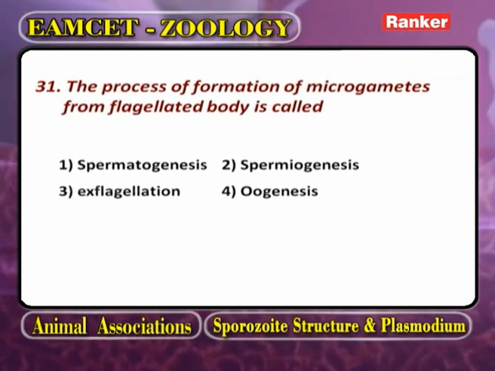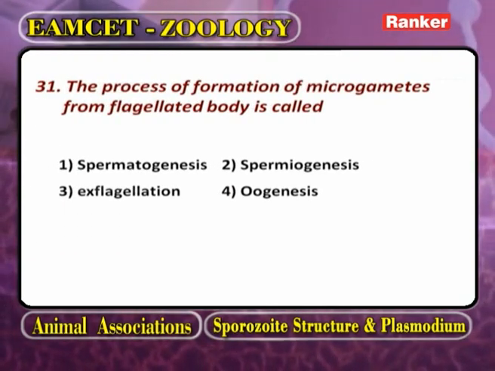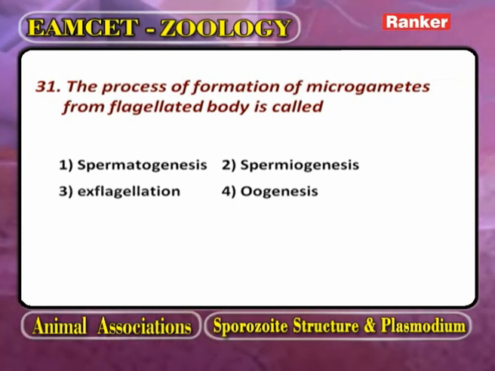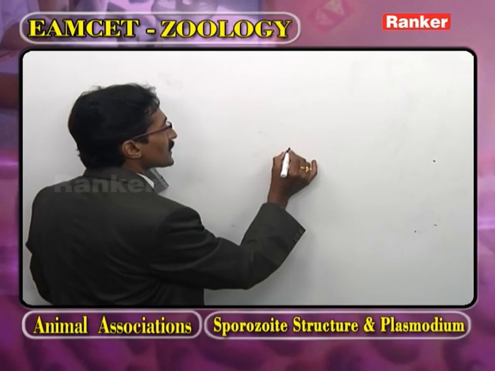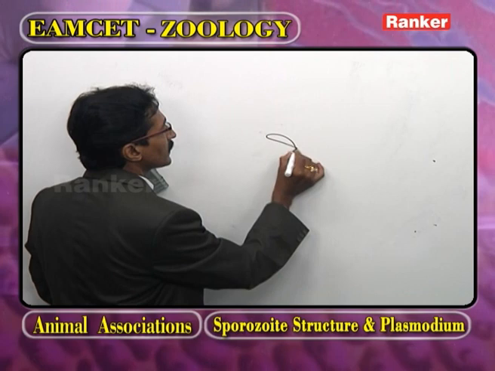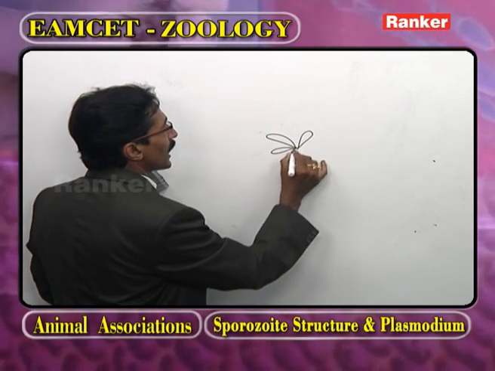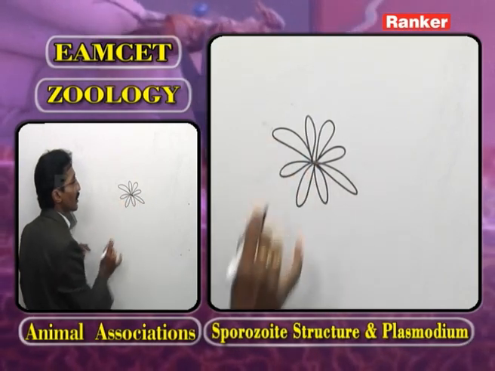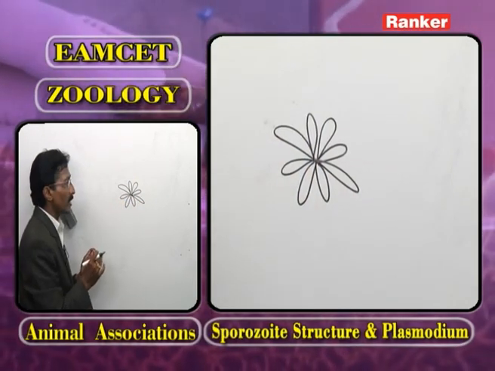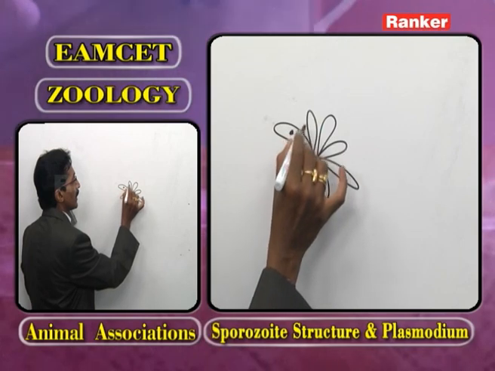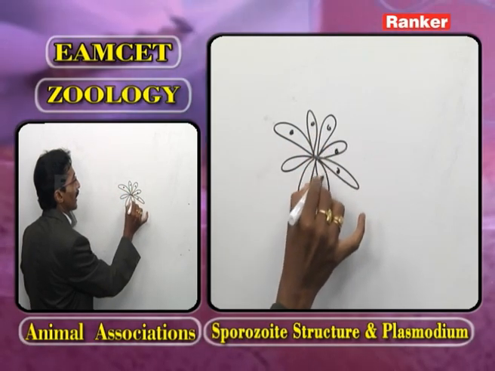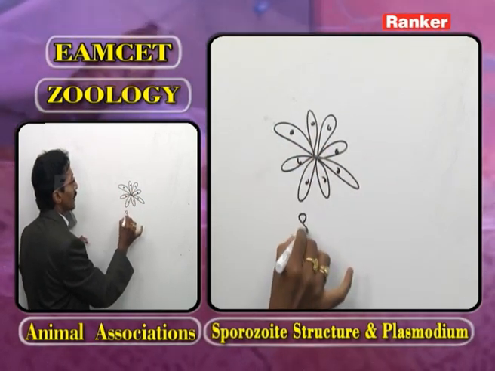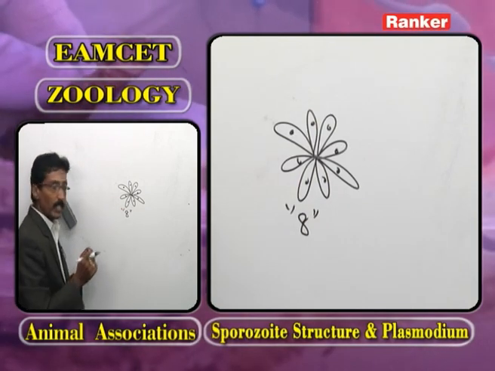The process of formation of microgametes from the flagellated body. As we observe, the microgametocyte is converted into microgametes. How many microgametes? The number of microgametes is 8.